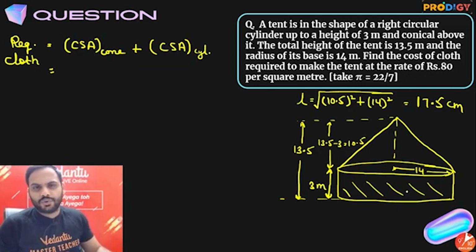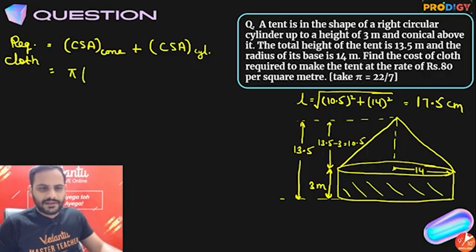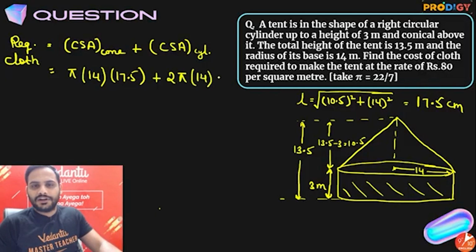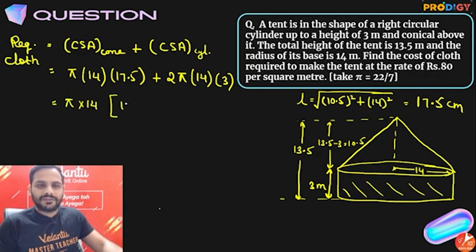So CSA of the cone will be equal to what? Pi R L. Now see, the radius is 14, so let's take pi as 22 by 7. So pi R L is pi into 14 into L, and L is 17.5, plus CSA of the cylinder is 2 pi R H, R is 14 into H is 3. Alright, so I can take pi into 14 common. Here I'm left with 17.5 and here I'm left with 2 into 3, which is 6.